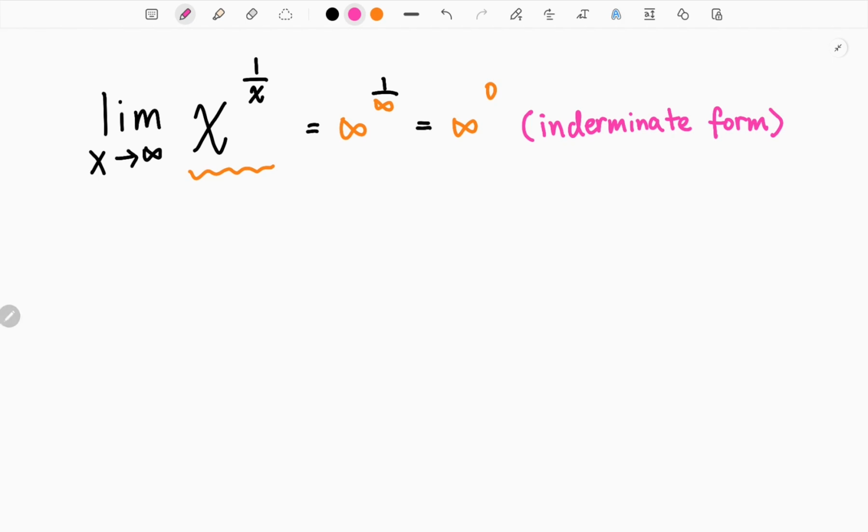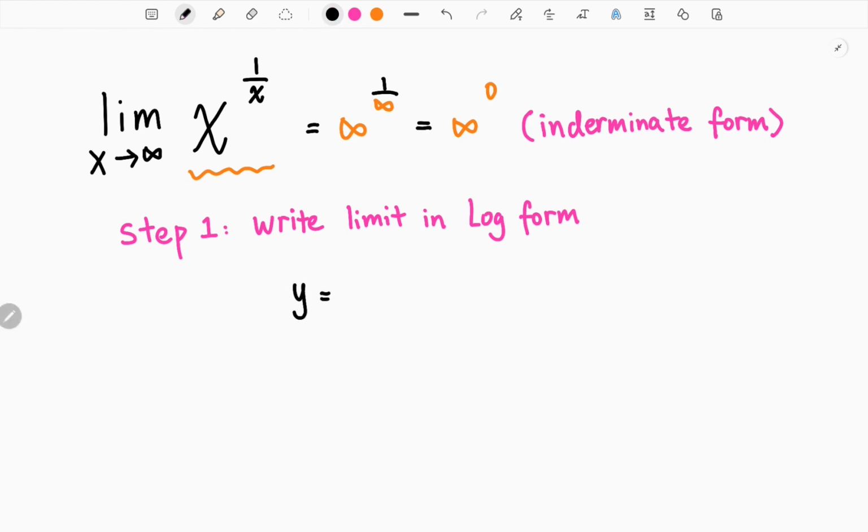Because we see an exponential here, one of the most common ways to solve is to rewrite the limit in a log form. First, let's set y equal to x to the 1 over x power.